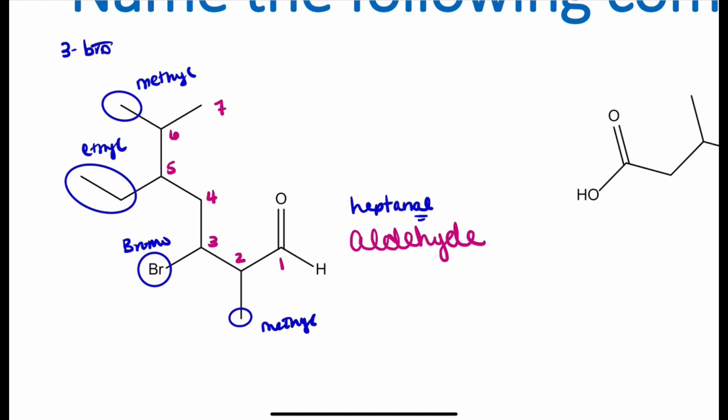So 3-bromo. Next up is my ethyl, which is at the 5th carbon. 5-ethyl. I have 2 methyl groups at the 2 and 6. So 2,6-dimethyl. Heptanal.